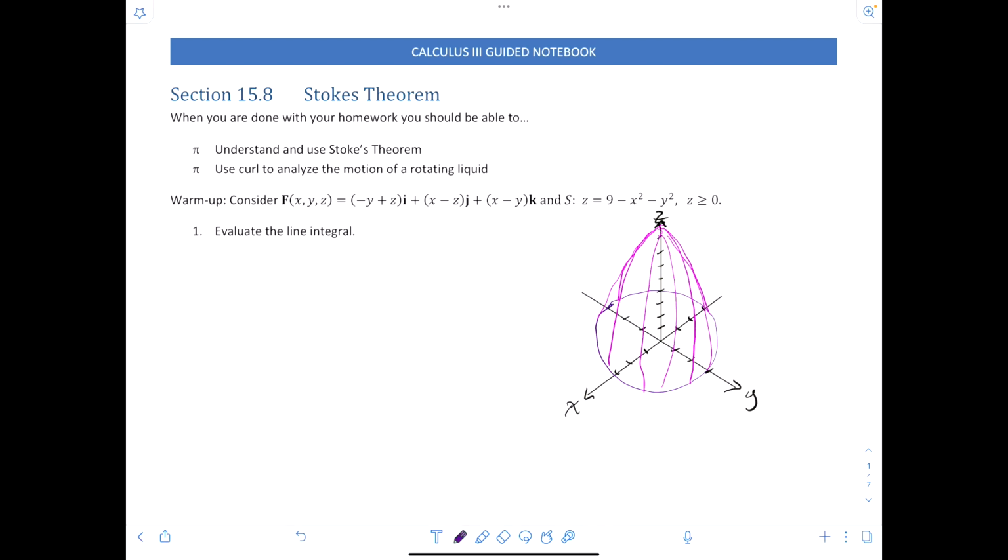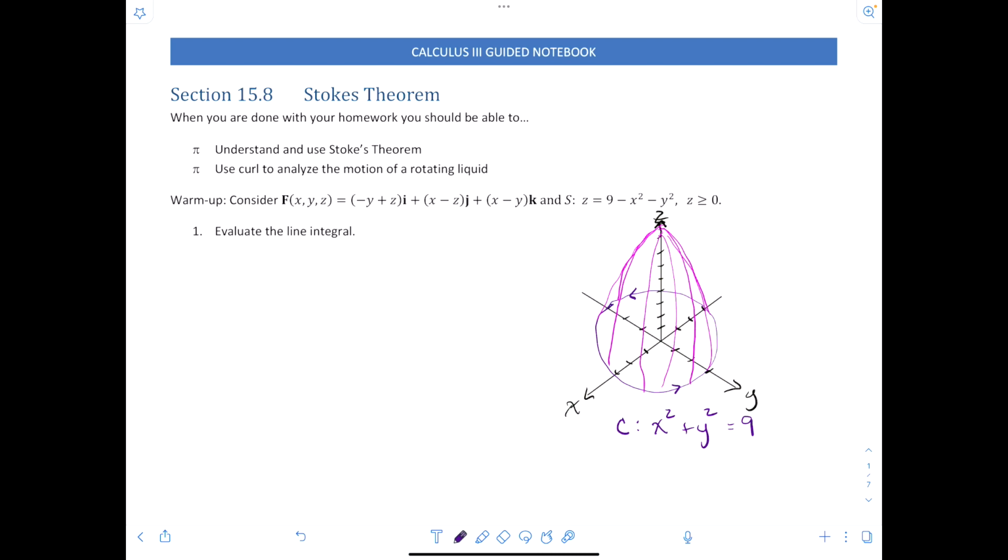So now, here on the circle, we have our line integral in a positive direction, so it's counterclockwise. And this C, the boundary, is going to be x² + y² = 9. And our surface is 9 − x² − y², z greater than or equal to 0.